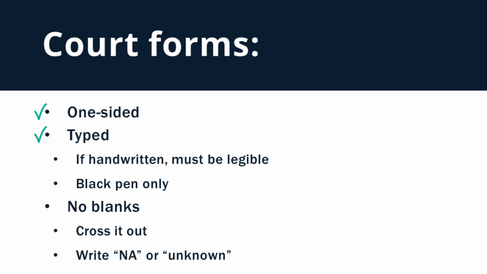While they don't require it, judges prefer typed forms, and it's highly recommended that you type your responses. But if you do handwrite them, your writing must be printed and legible, no cursive writing. Also, you can only use black ink. And one more thing, do not leave blanks. If something doesn't apply to your situation, just cross it out, write NA for not applicable or put unknown.